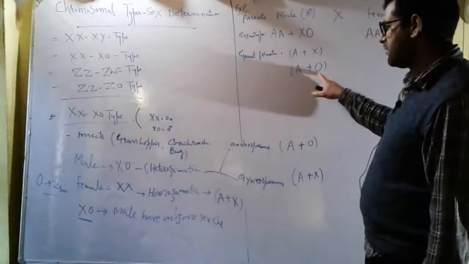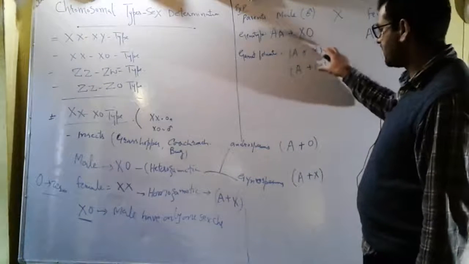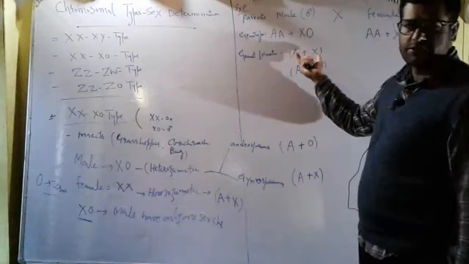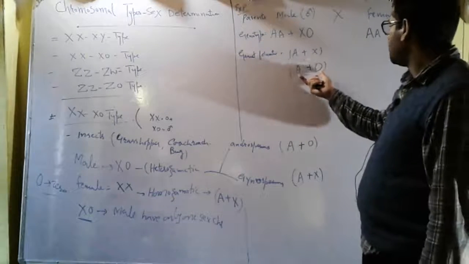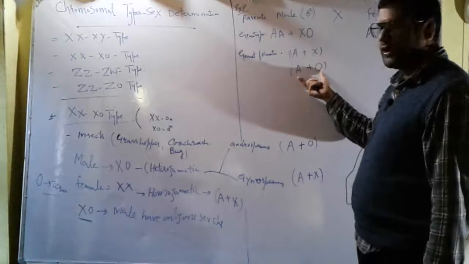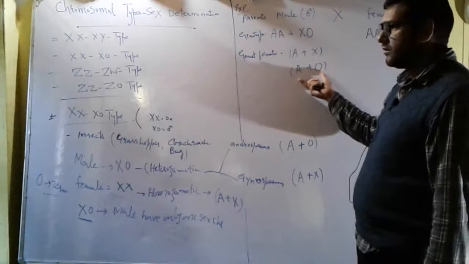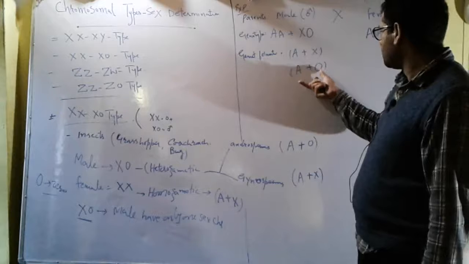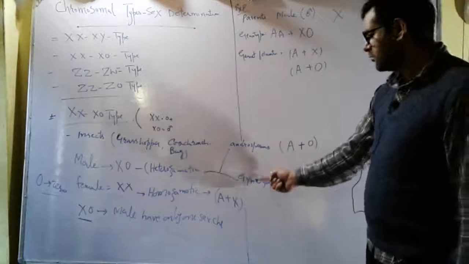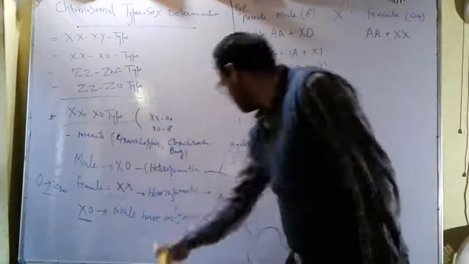That is why we call it heterogametic. They produce two types of gametes: this one is called gynosperm because it has the X chromosome, while here the sex chromosome is absent, and it is called androsperm.